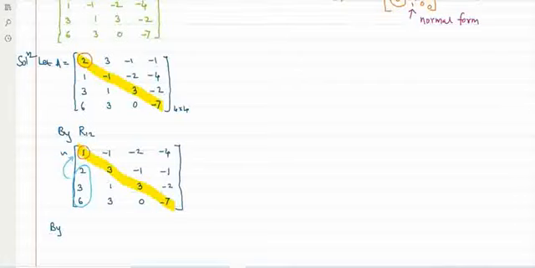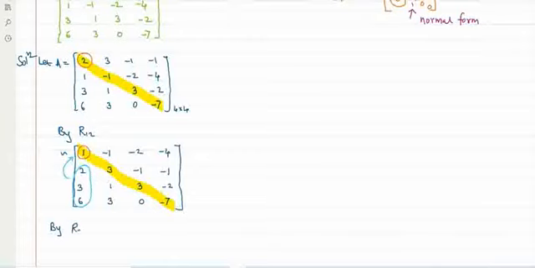2R1 minus R2, 3R1 minus R3, and 6R1 minus R4. Okay, you have to change it a little bit.